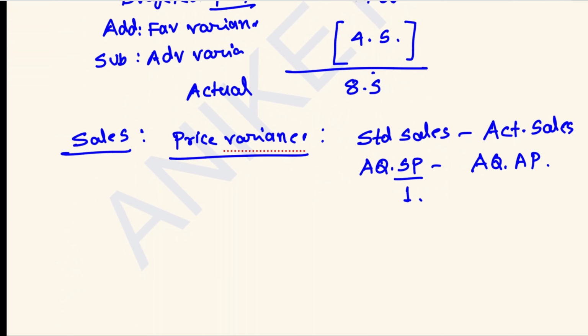So actual quantity, then it becomes 126.5. Then AQAP, so AQ is 126.5. Sorry, the formula is the other way. It is actual sales minus standard sales.